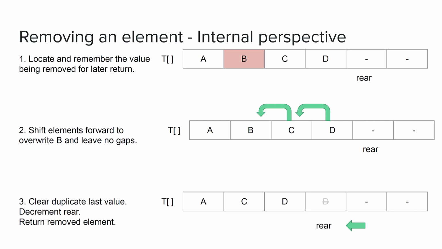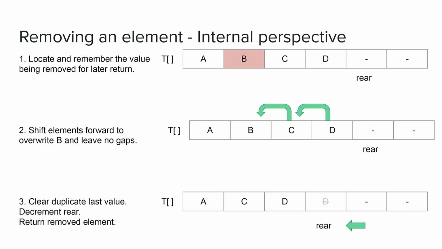So whatever comes immediately after B will overwrite B, and whatever comes after that will overwrite C, and so on until we make our way to the back of the list. So this time, in order to make that happen, we're going to start at our target index, the place where we found element B, and we work our way toward the back of the list, toward the rear of the list, copying elements back as we move toward the rear of the list.